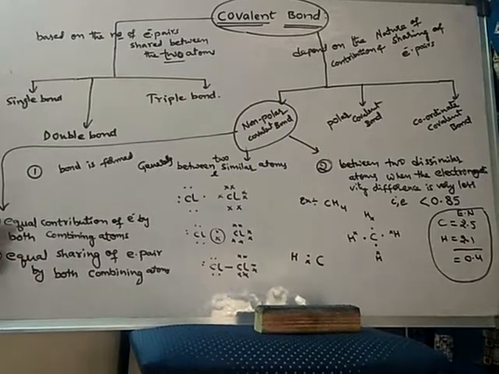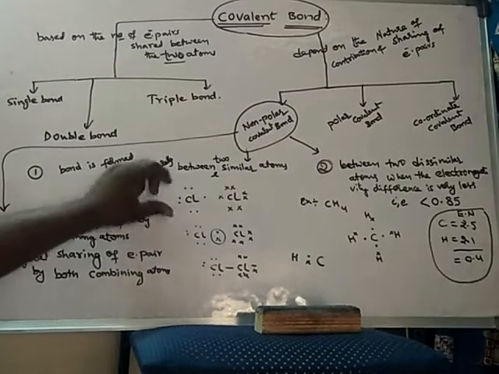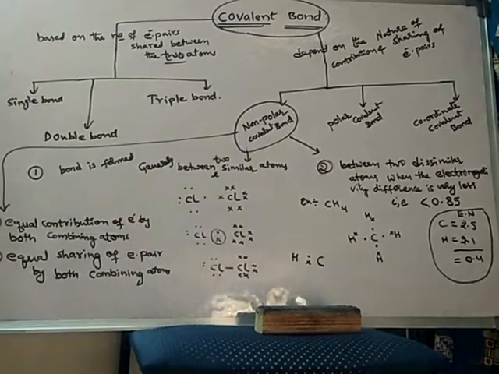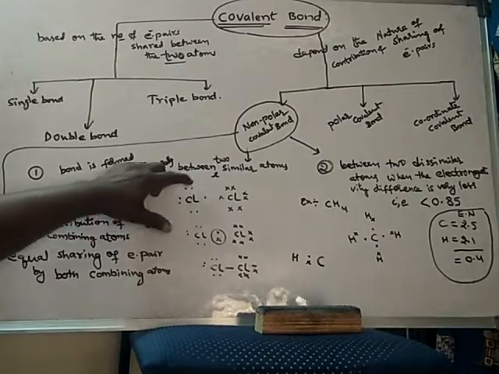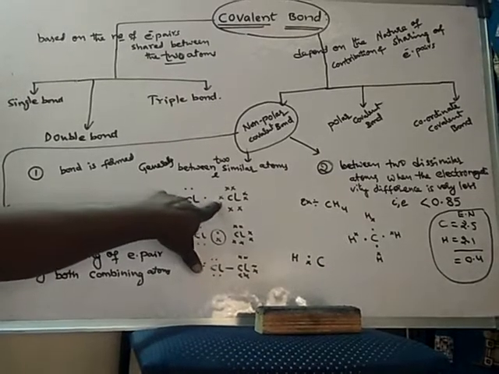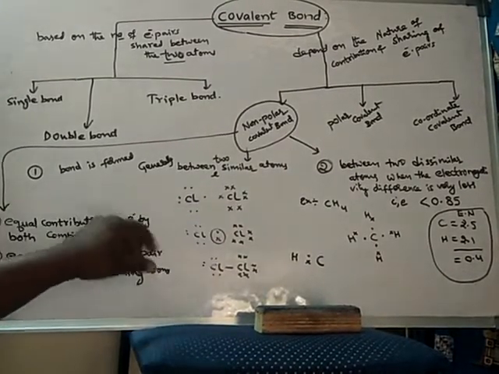How? Let us see this example. Chlorine molecule. Two chlorine atoms. When two chlorine atoms combine, how do they combine? This chlorine atom has 7 electrons in its valence shell, and this chlorine also has 7 electrons in its valence shell.